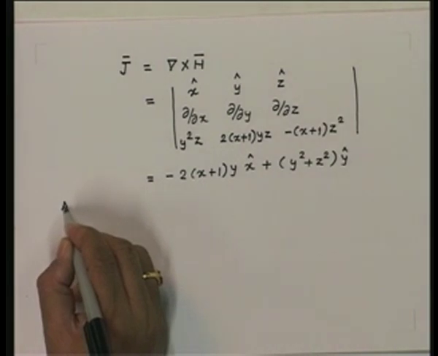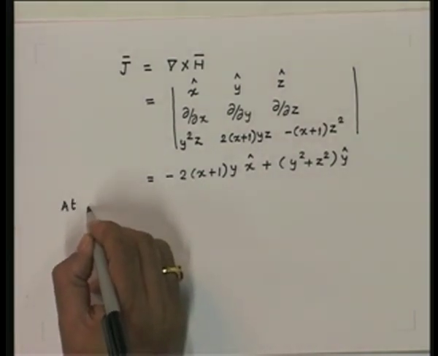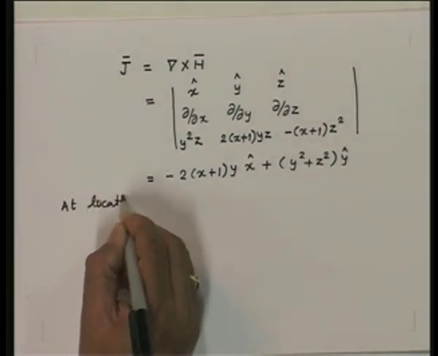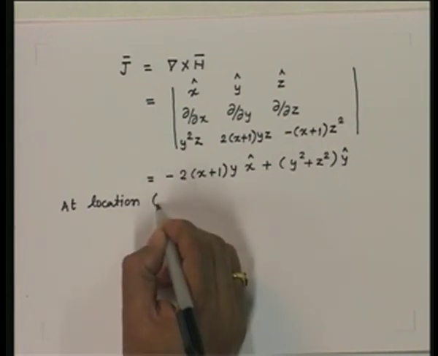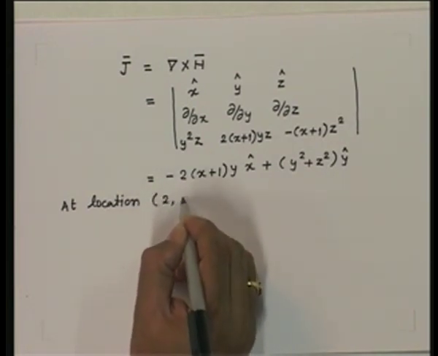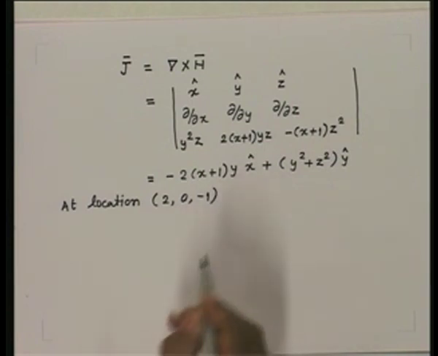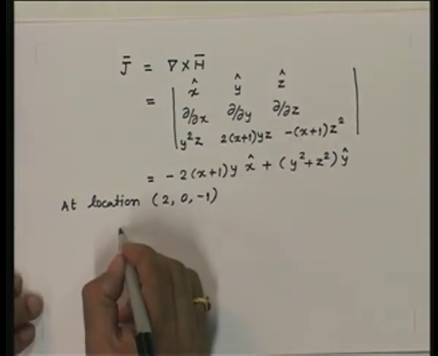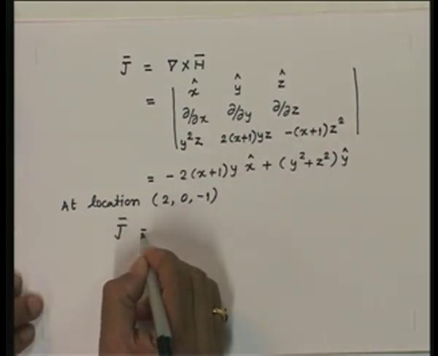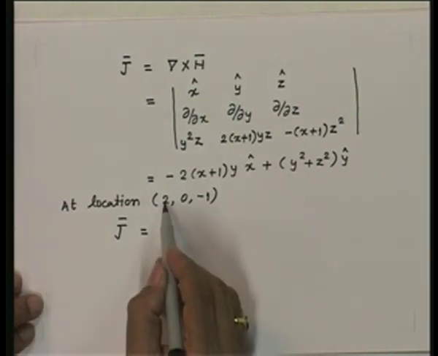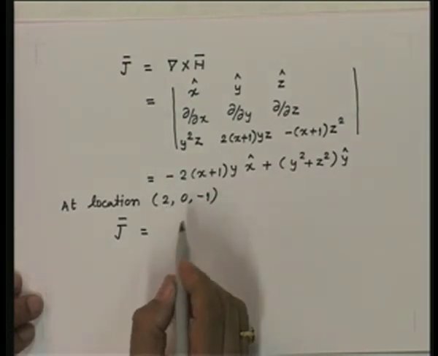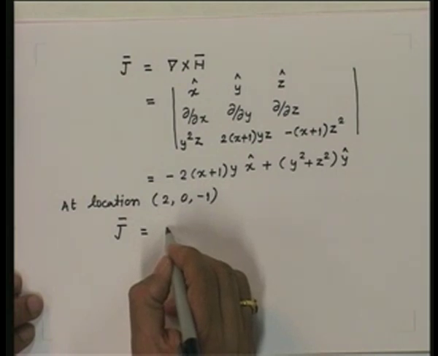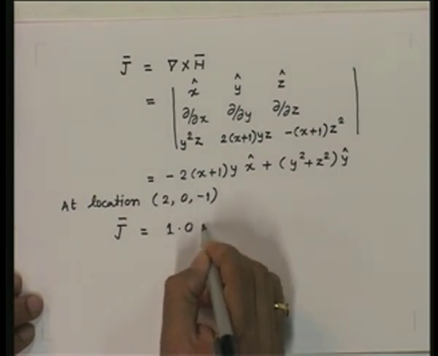So, at location (2, 0, minus 1), if I substitute now x equal to 2, y equal to 0 and z equal to minus 1, the conduction current density J will be 1.0 y cap.